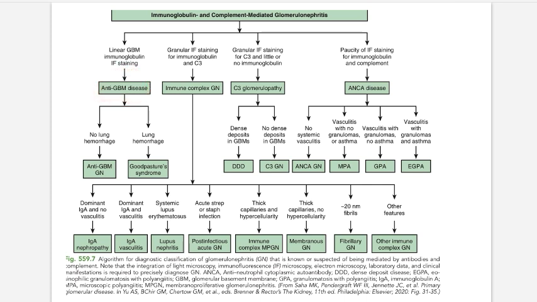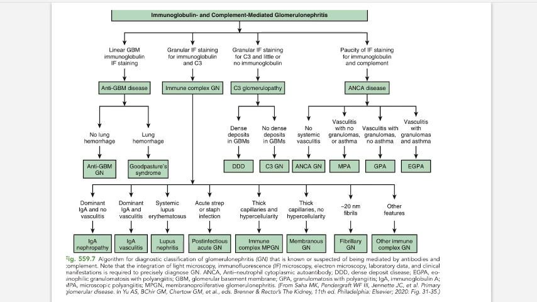The two differential diagnoses are anti-GBM glomerulonephritis and Goodpasture syndrome. In Goodpasture syndrome, lung hemorrhage will be there; otherwise it is the same as anti-GBM disease.